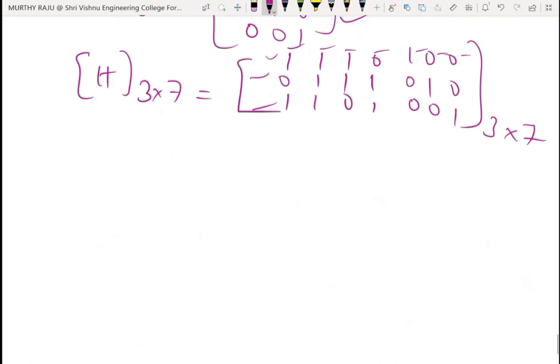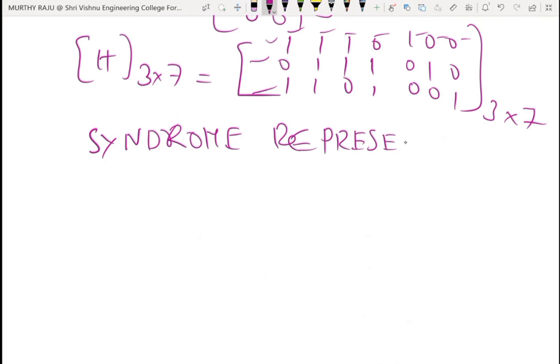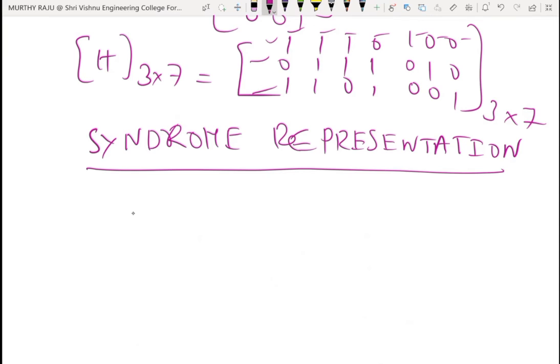Parity check matrix. Next, syndrome representation. The syndrome S is of order 1 cross Q, equal to Y into H transpose, where Y is the received code word and H is the parity check matrix.